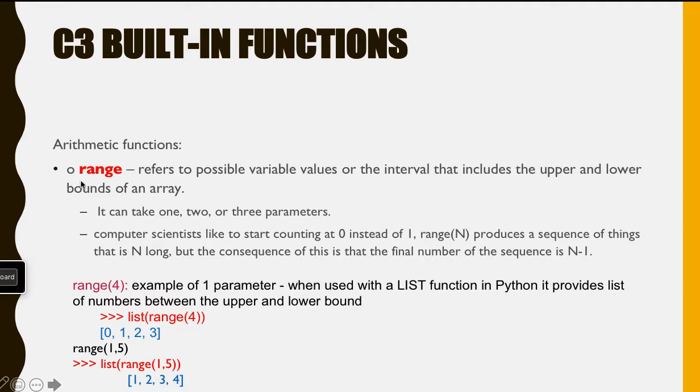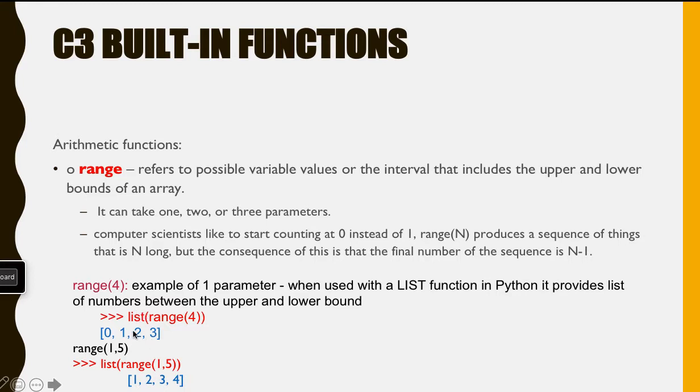One of the things we're going to focus on in this section is the arithmetic functions. We've got the range function, which refers to possible variable values or the intervals that include the upper and the lower bound of an array. If we've got range 4 here, as this list shows us in Python, we're saying start from the lower bound, and in programming everything starts from 0, and then we go up to that number minus 1.